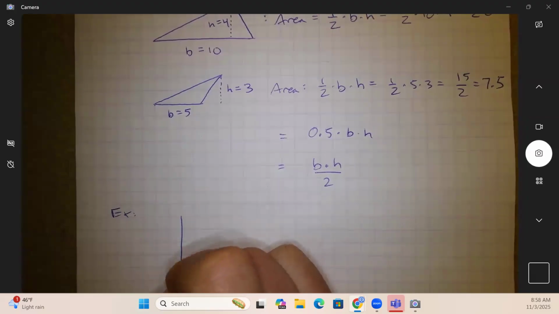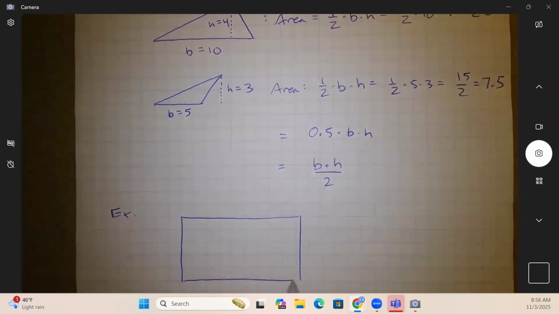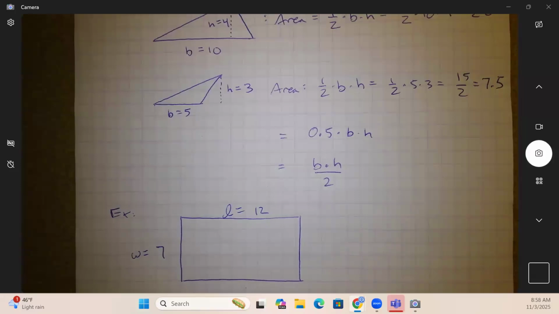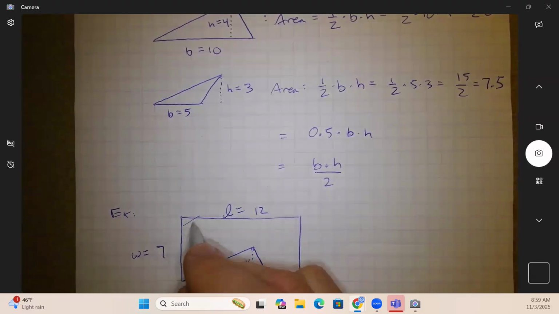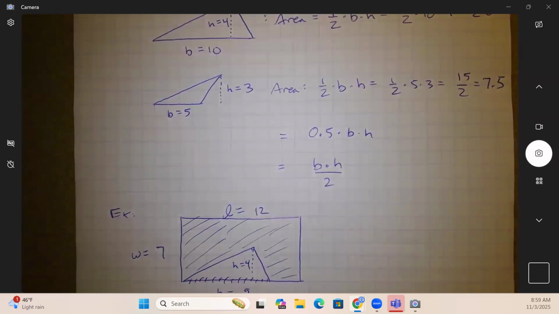Let me take a rectangle where the width equals 7, the length equals 12, but I'm going to carve out of that a triangle where the base equals 9 and the height equals 4. So I want the area of this funky shaded polygon.